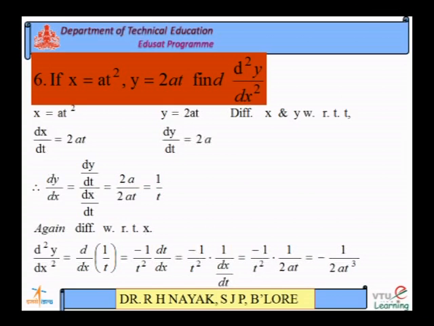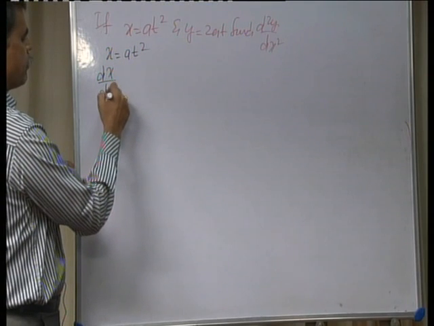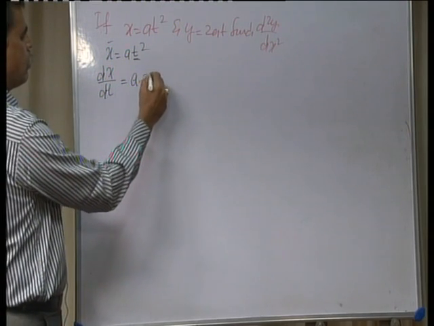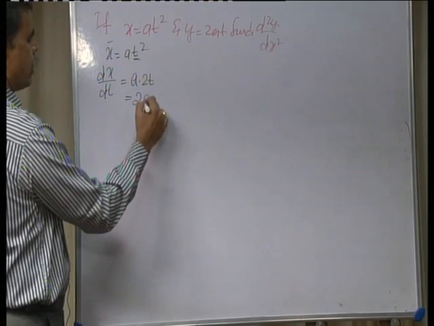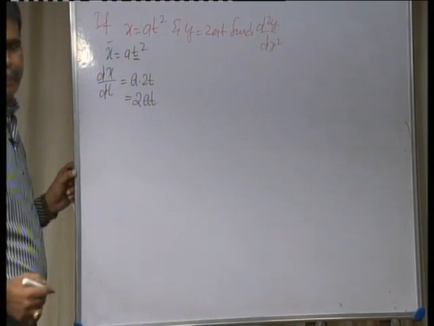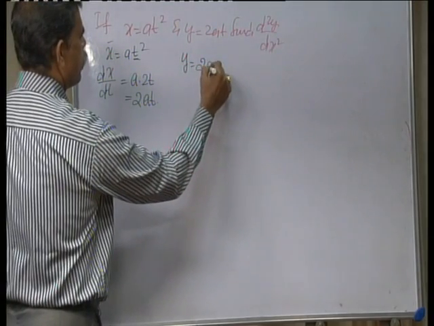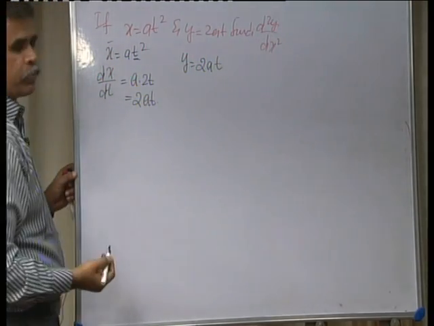You take x. What is x? X is equal to at square. Dx by dt, differentiate x with respect to t, we get a into 2t, that is 2at. You take y. Y is equal to 2at. Differentiate with respect to t.